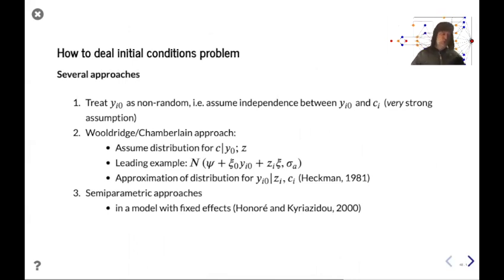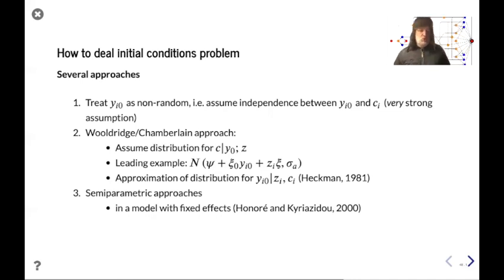You have now not only one problem of dealing with the unobserved effect, you also have this additional problem, that the unobserved effect is potentially correlated with initial conditions, which we call the initial conditions problem.